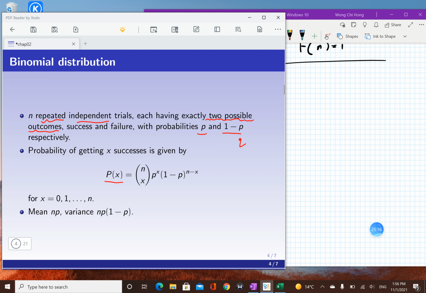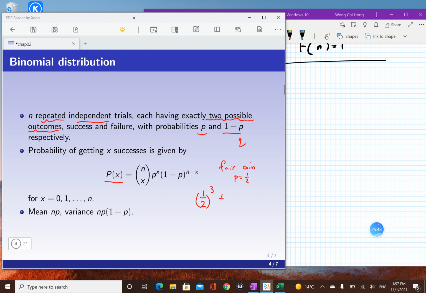Then what would happen is, because these things are all independent, when you have to get 3 heads, no problem. And you're throwing a fair coin here, so that p equals a half, getting a head.